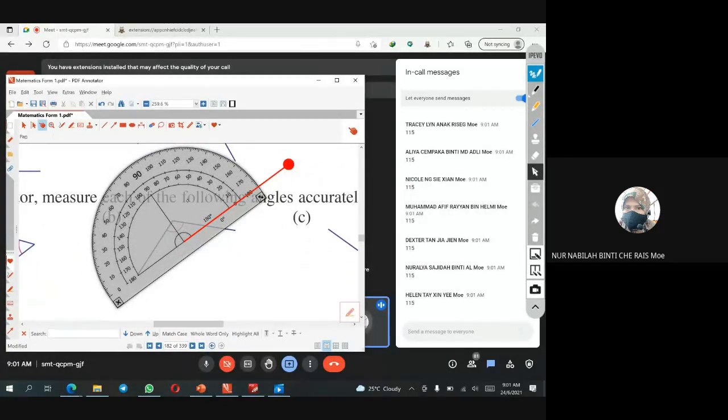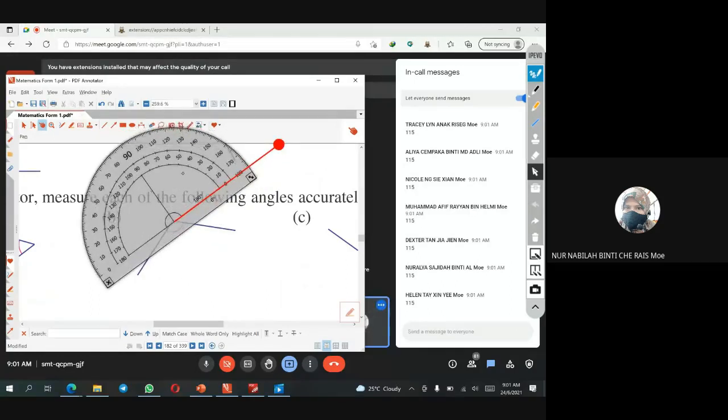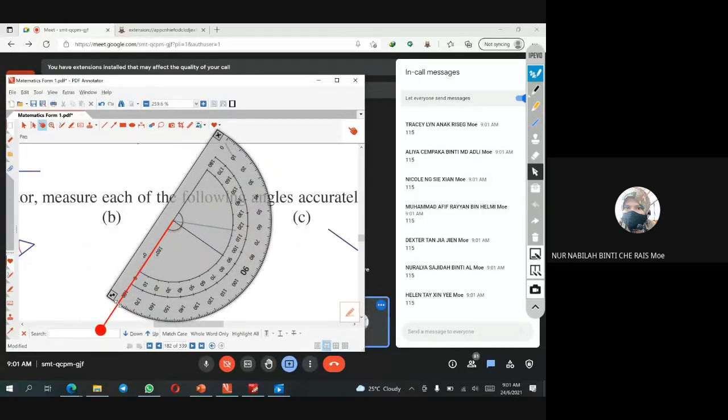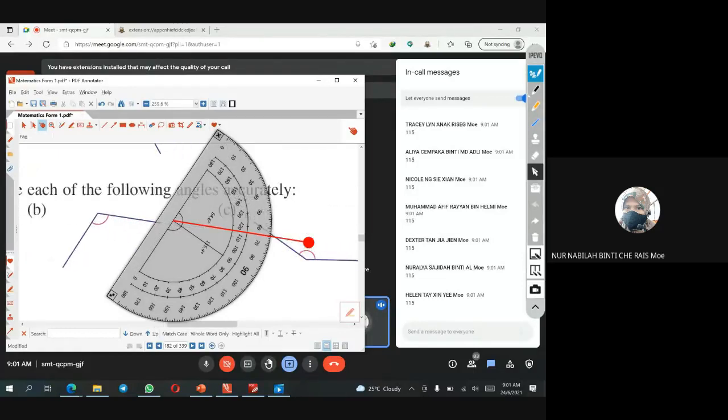Okay, so I put it here first, and then I change this one to this side. And then I can find the second one. This is your 0 inside. So your second one is here. It should be 115. Correct. Yes, 115.